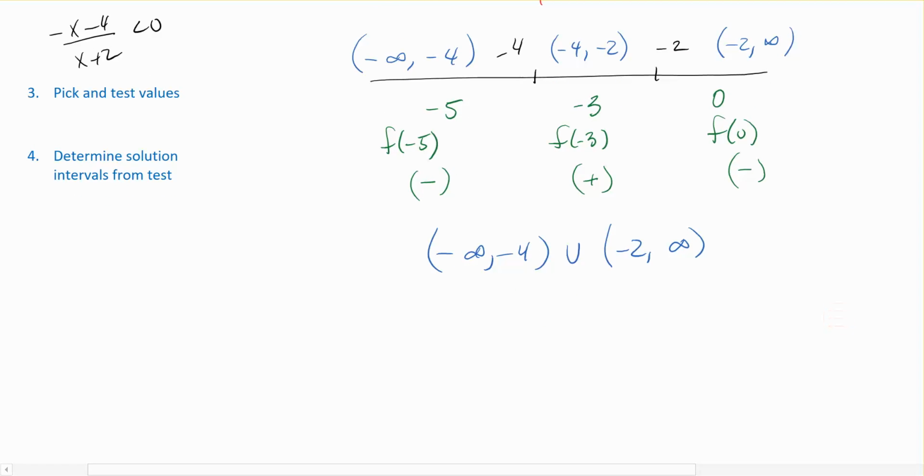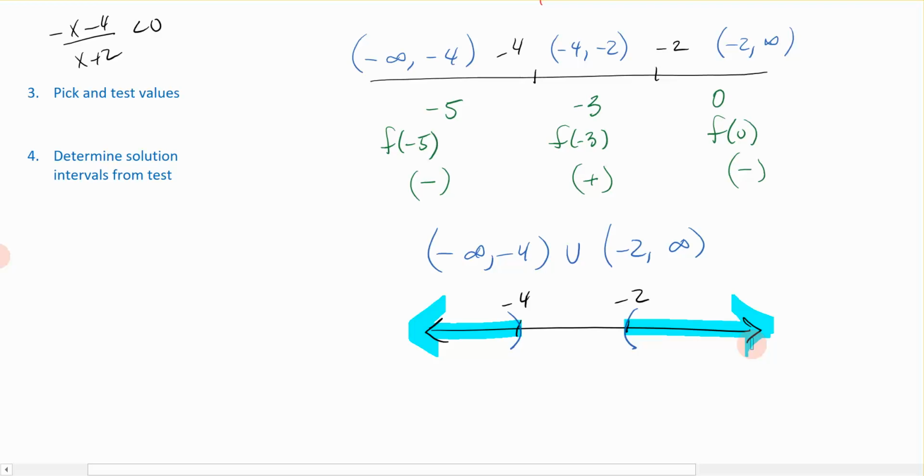And I would draw the graph to look the same. -4, -2. I have parentheses. I'm going to shade, and that's what my solution set would look like when it was graphed.